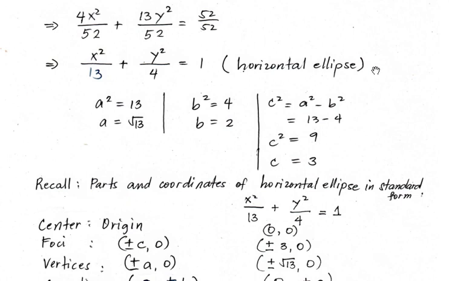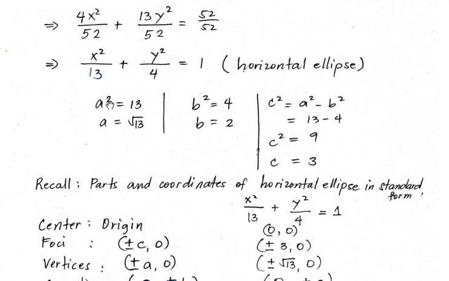And in this case, how did we know that it's a horizontal ellipse? Meaning the major axis is horizontal, and it's actually the x-axis, because the ellipse in this case is centered at the origin. So we detect that it's horizontal because 13 is bigger than 4 and 13 is on the x part.